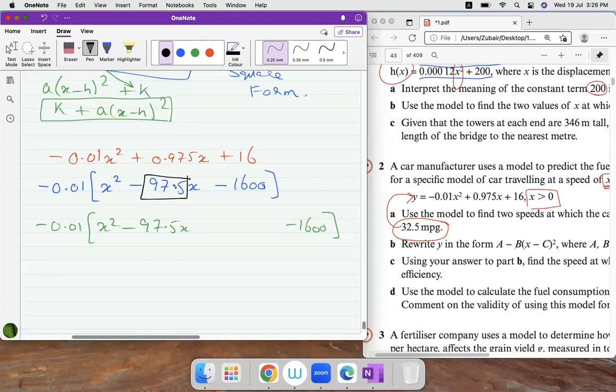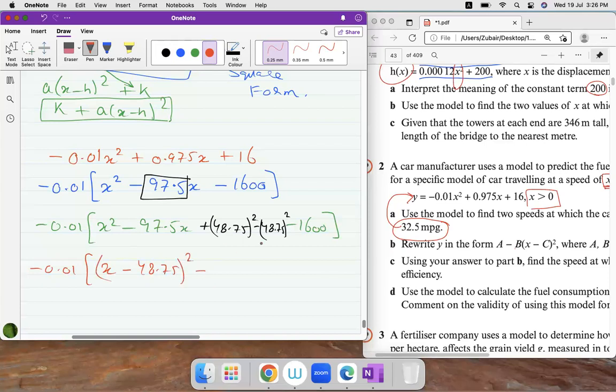Plus 48.75 square minus 48.75 square. So negative 0.01, x copied, negative sign copied, 48.75 copied, whole square.